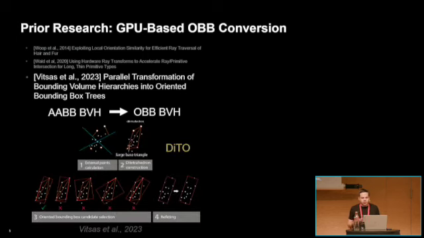Just so that you've heard the term here, they used the DiTO algorithm. So what they did is they compute the extremal points at each subtree, plus they construct a base triangle and connect those so that you have 2 tetrahedra. And with those, you then iterate through all the edges of the tetrahedra and find out the OBB that minimizes the surface area.